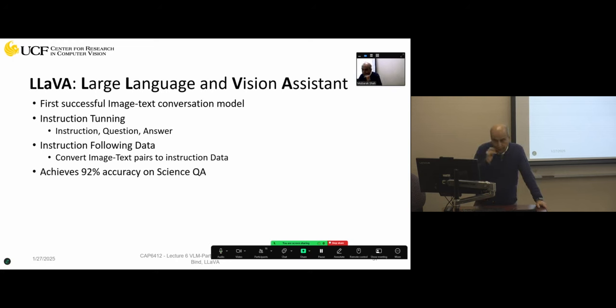This achieved, at that time, pretty good accuracy on ScienceQA, another benchmark, which has about 20,000 multimodal multiple choice questions. It will be an image multiple choice question, and you select which one is correct.